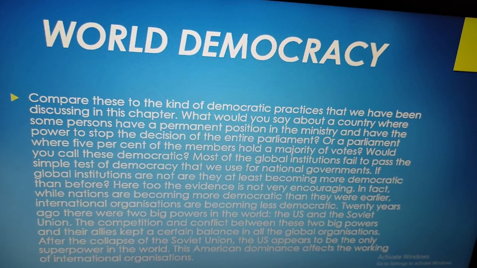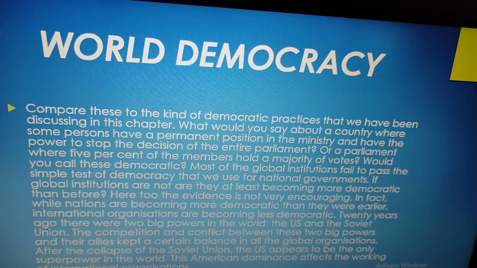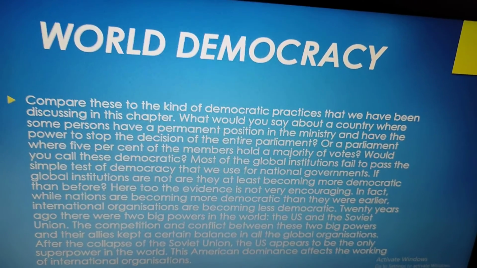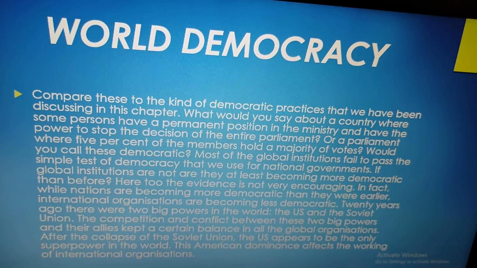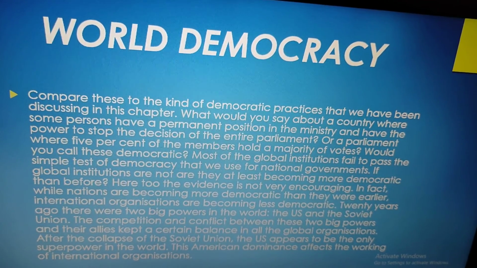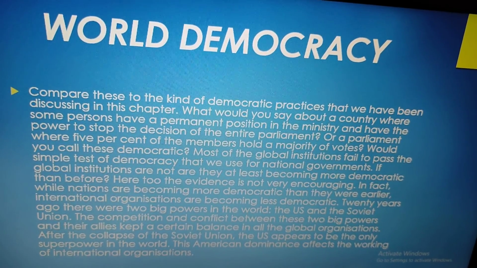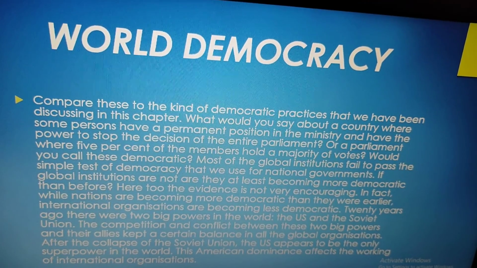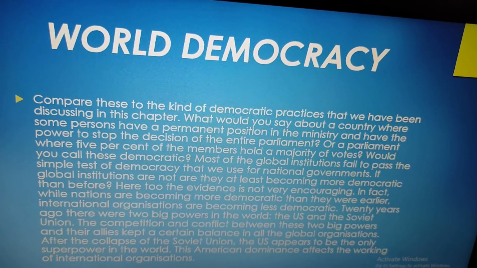If global institutions are not democratic, are they at least becoming more democratic than before? Here too, the evidence is not very encouraging. In fact, while nations are becoming more and more democratic than they were earlier, international organizations are becoming less democratic. 20 years ago, there were two big powers in the world, the US and the Soviet Union.